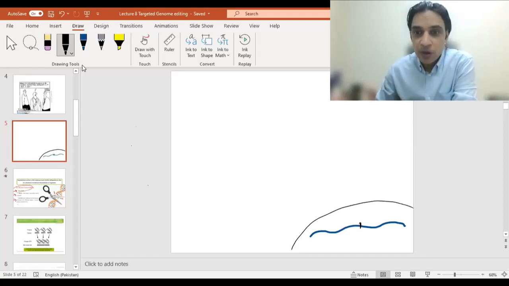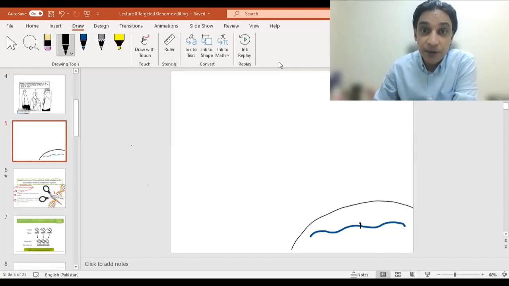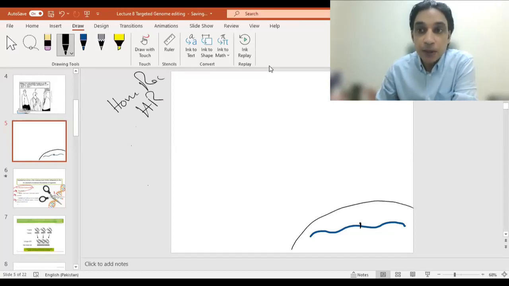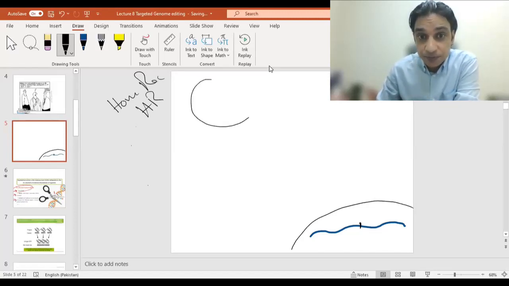That was the question, and people have tried to fix that problem with the help of a very wonderful phenomenon called homologous recombination, or more commonly called HR. The process of homologous recombination is that it involves a vector.